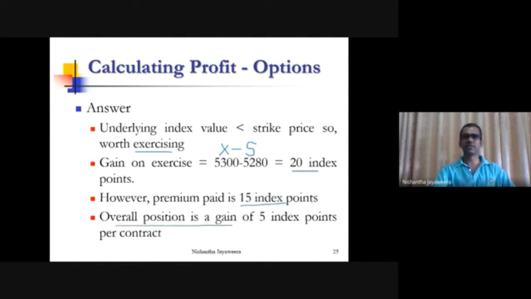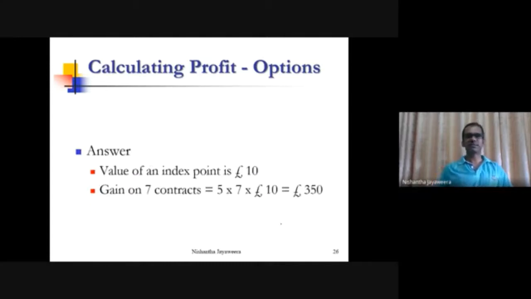So overall option gain is only 5 index points per contract. You bought 7 contracts. Altogether profit is 350, because 7 contracts, 5 index points gain, and the value of 1 index point is 10 pounds.